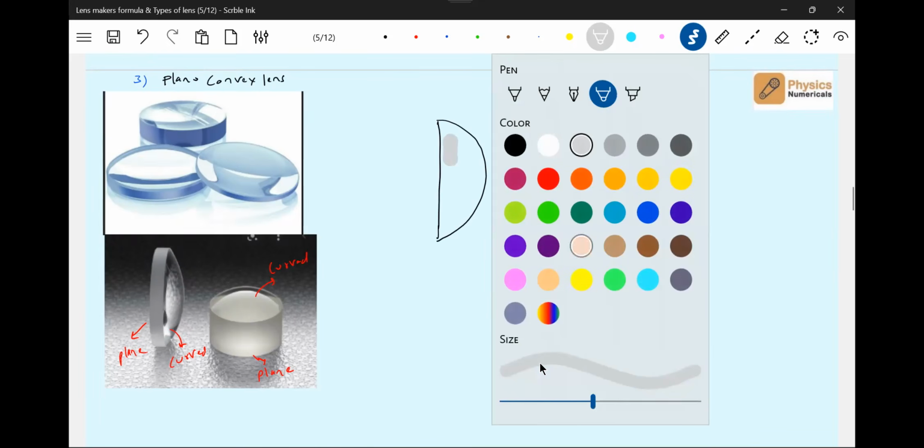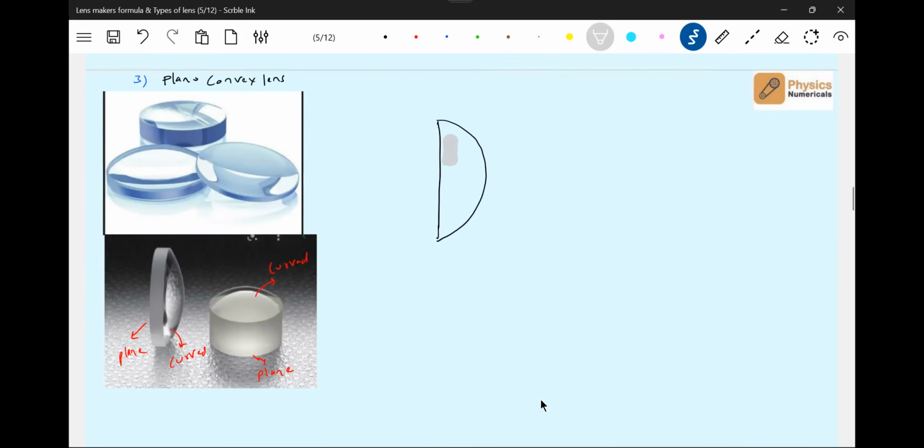Now, if a ray is incident, the radius of curvature of the plane surface will be infinity, let the other be R, let this be mu, let this be air. The ray of light incident will undergo refraction. This will be the focal length.